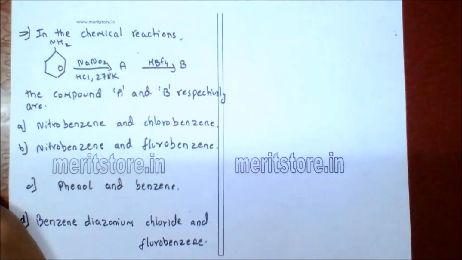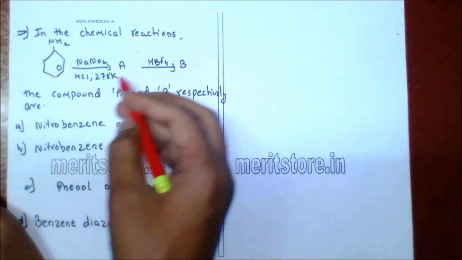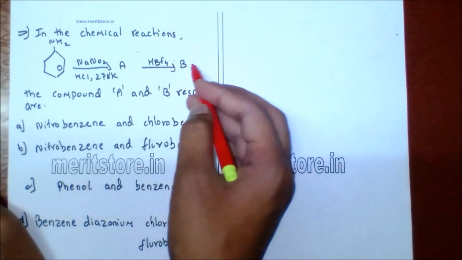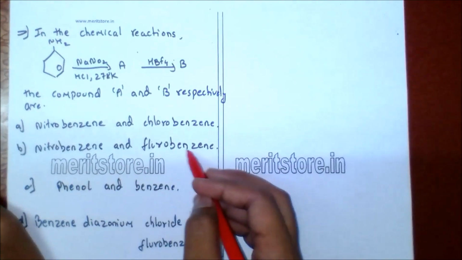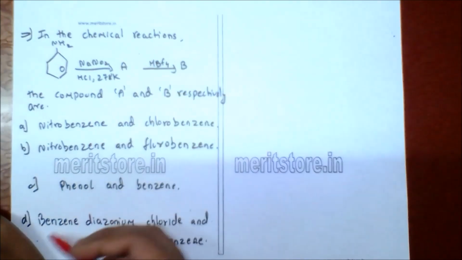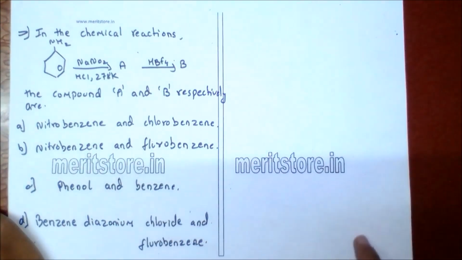Chemical reaction: aniline in presence of NaNO2 and HCl gives A and HBF4 gives B. The compounds A and B respectively are: A. Nitrobenzene and chlorobenzene, B. Nitrobenzene and fluorobenzene, C. Phenol and benzene, D. Benzene diazonium chloride and fluorobenzene.